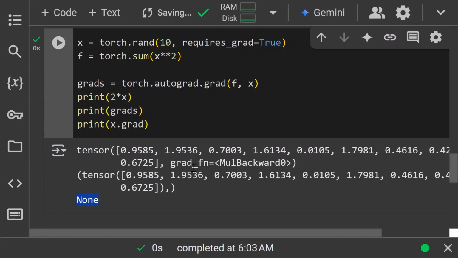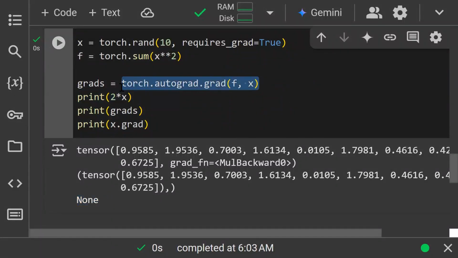So it's a slightly different use, okay? And I personally prefer this one over backward, because with backward you have to clean up, and things can be a little messy in terms of housekeeping. But with this one, it is so much cleaner and easier to handle things.